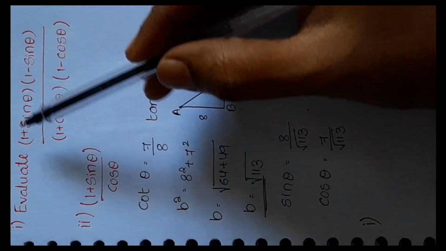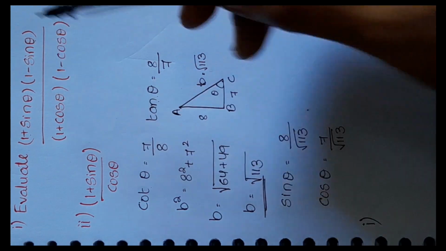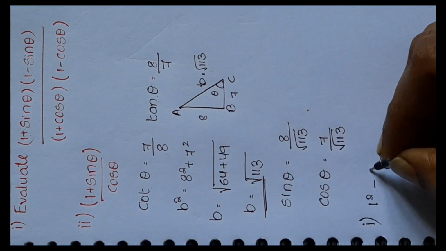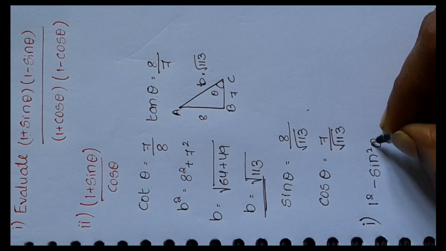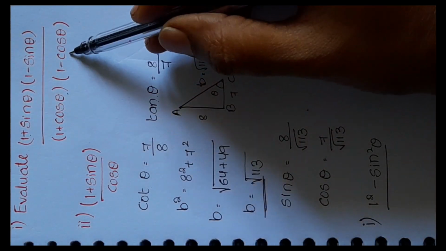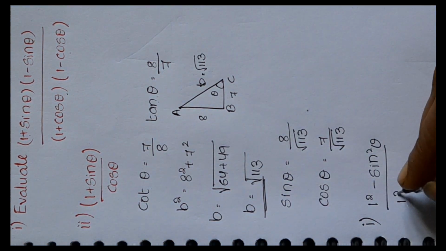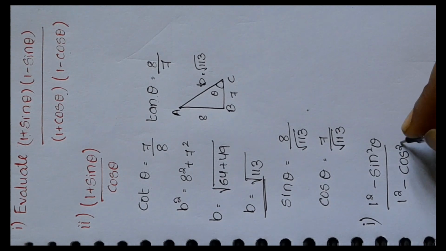Now let us solve the first one. 1 plus sin theta into 1 minus sin theta. We can write this as 1 square minus sin square theta by 1 plus cos theta into 1 minus cos theta. This can be written as 1 square minus cos square theta.